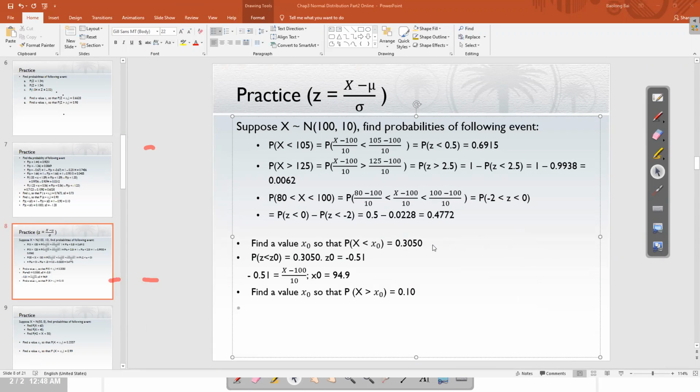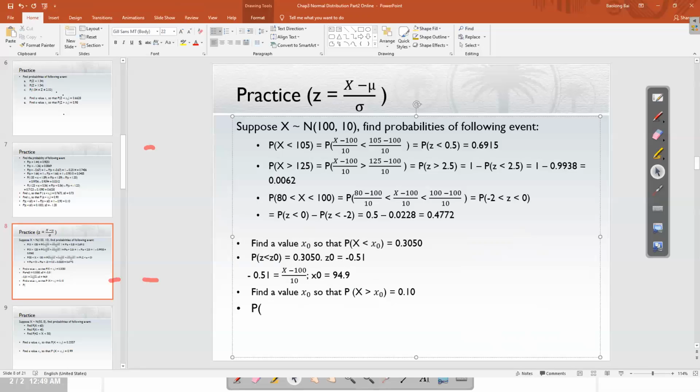So we understand how to find a probability like this, right? So now the next question is, we need to have a greater than sign. So we want to cut off 10% on the right tail with a greater than sign. Now how do I find x of 0? Make sure you understand this because this is based on the process over here. We just need to do another additional step.